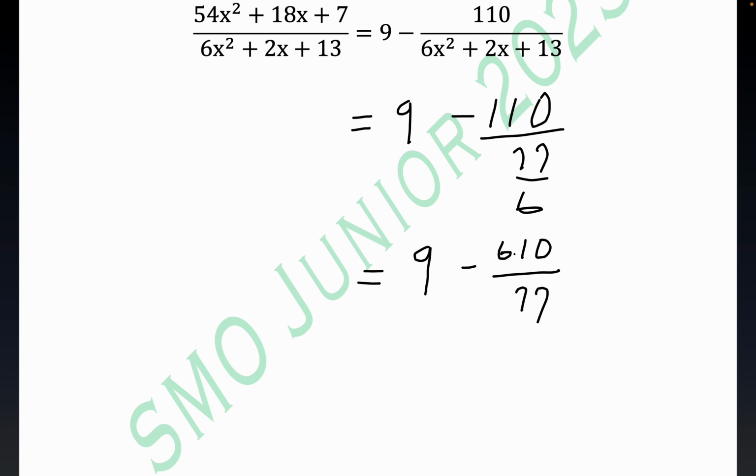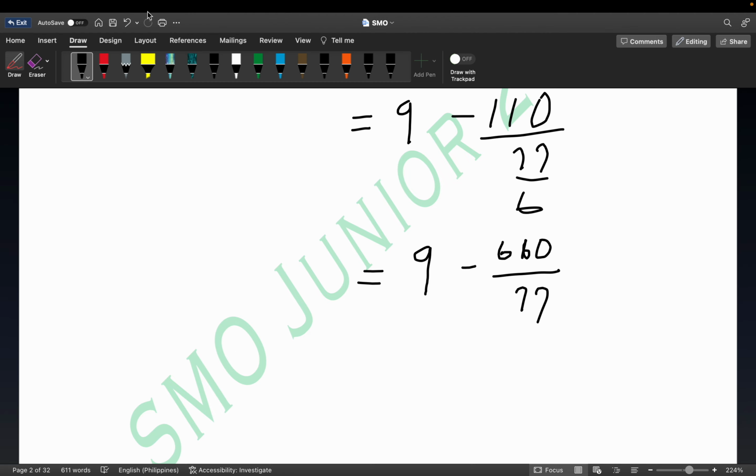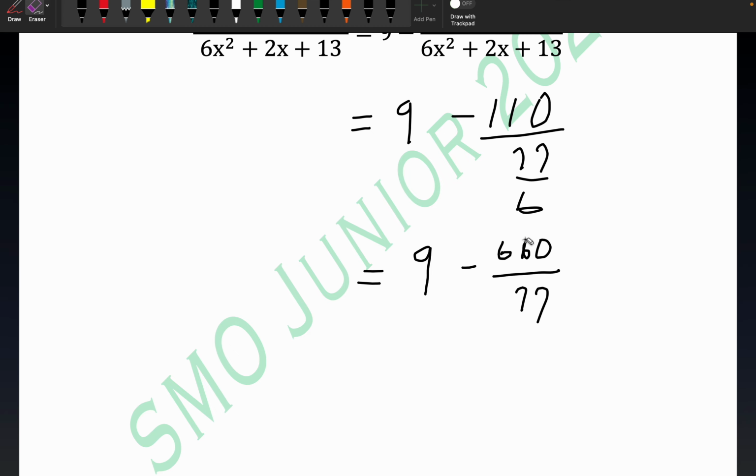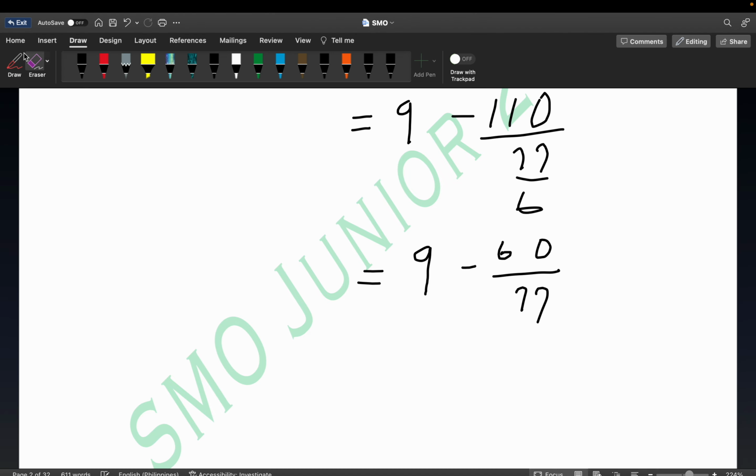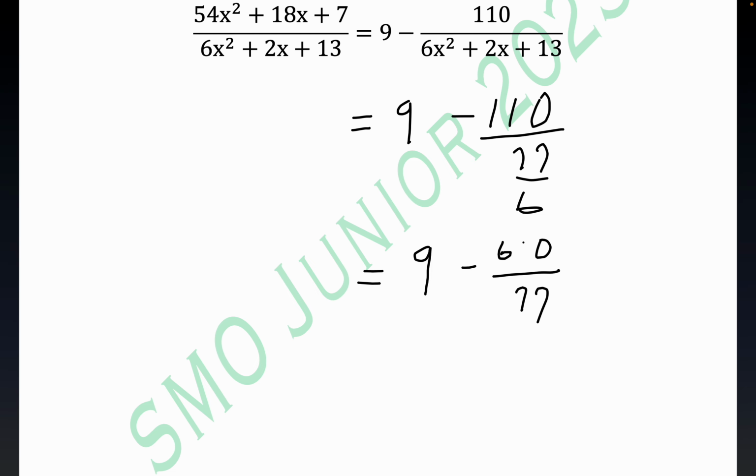Let me make a correction there: that is 660, sorry about that. Let me erase that to be professional here. When you invert and multiply, 6 times 110 is 660.